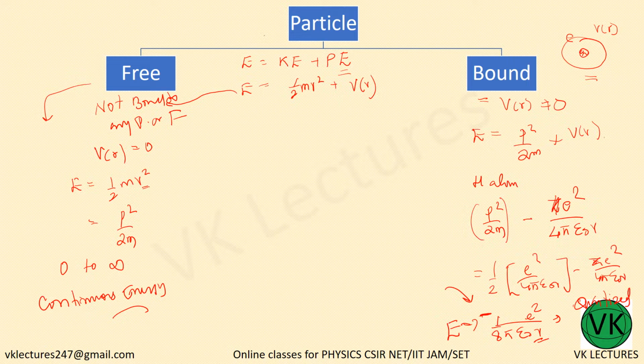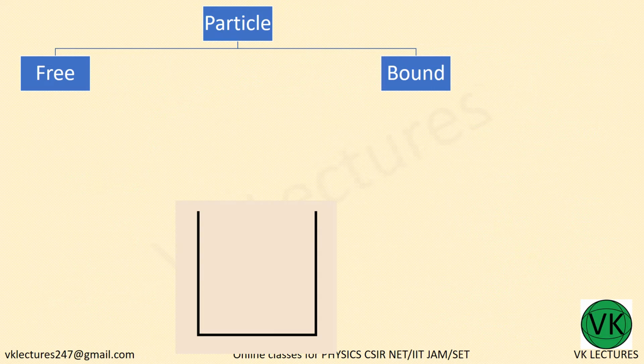So the energy of a bound particle is always quantized, while that of a free particle is continuous. For a free particle the energy is continuous, and for a bound particle the energy is discrete.